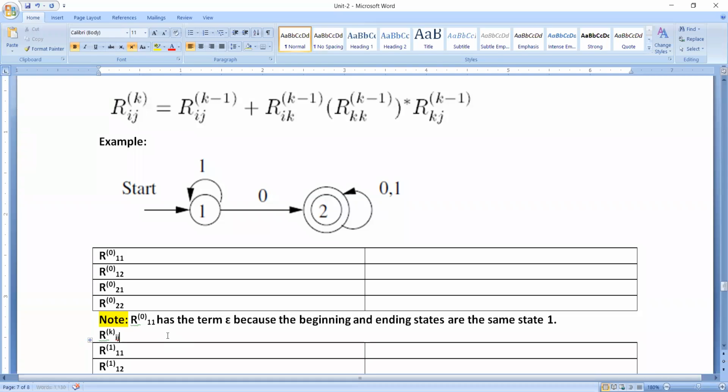What does R_ij power k represent? We are trying to find the regular expression from state i to state j without visiting a state greater than k.